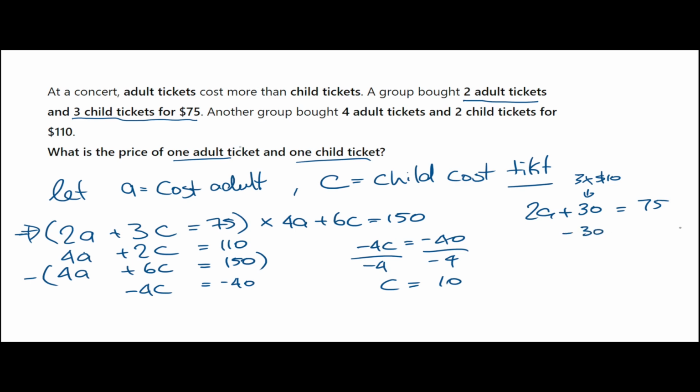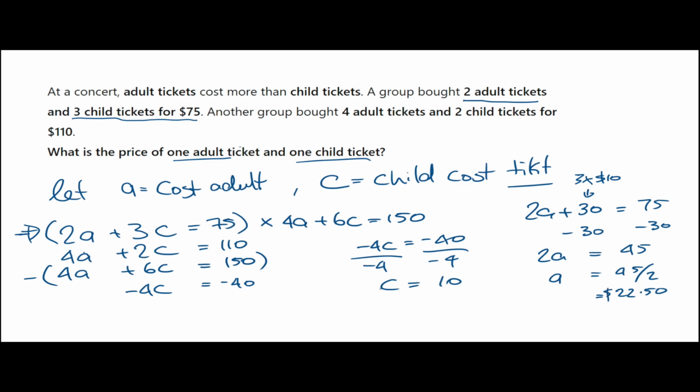Take 30 away from both sides. So 2 adult tickets is going to come to $45. Is that right? Yes, it is. So 1 adult ticket is going to be equal to 45 divided by 2. So what's that? 22.50.